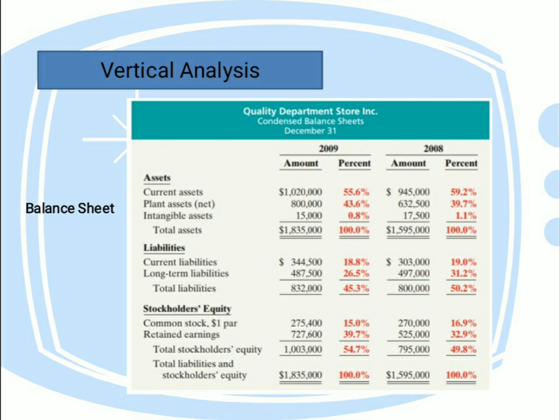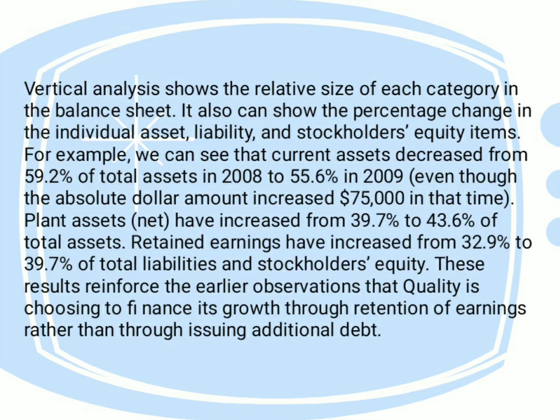Vertical analysis. Balance sheets. Vertical analysis shows the relative size of each category in the balance sheets. It also can show the percentage change in the individual asset, liability, and stockholders' equity items.